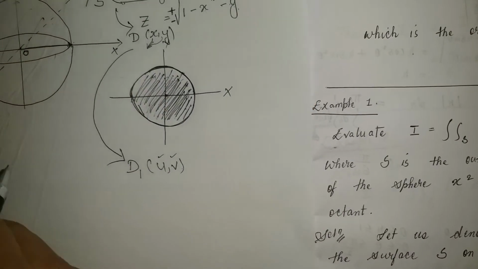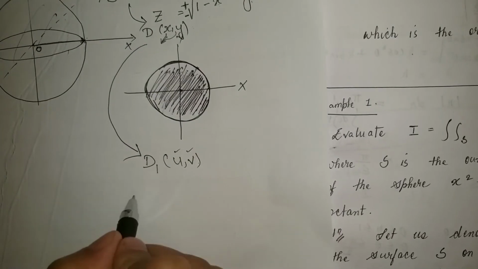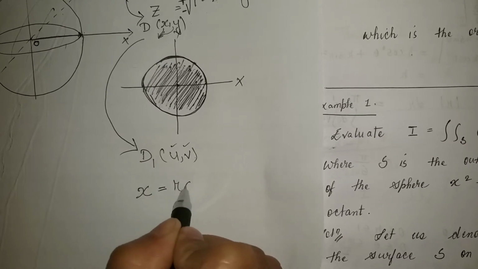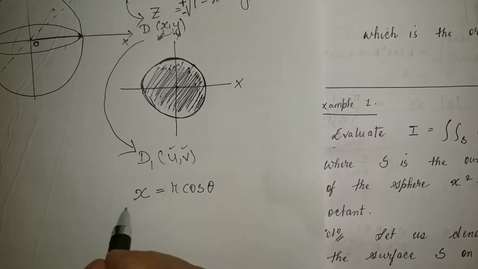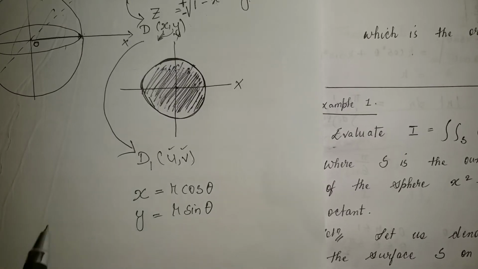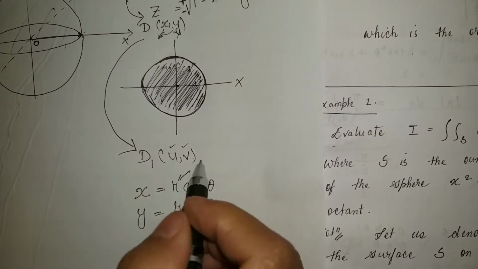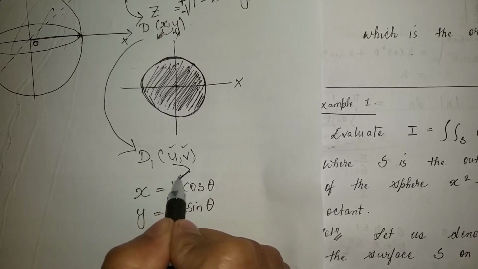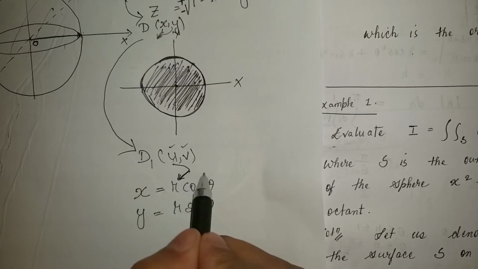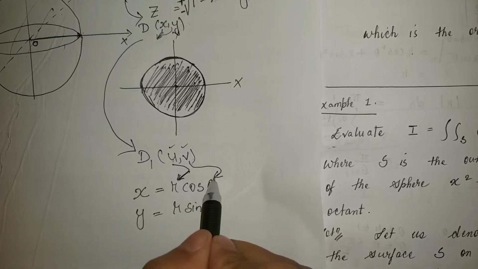Remember for a disk, we express x equal to r cos theta and y equal to r sin theta, and here we suppose this r is our u, and this theta is our v.